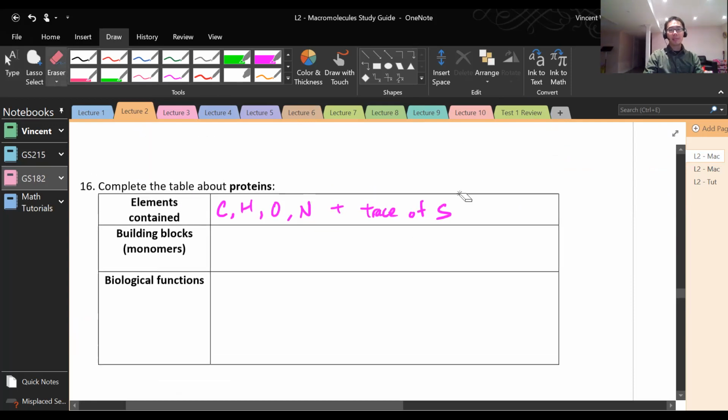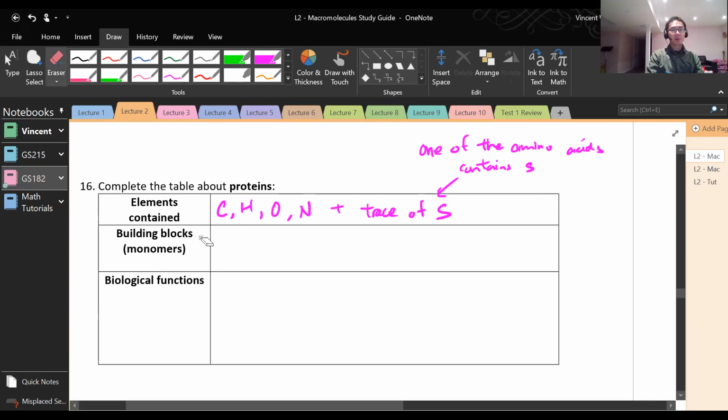Only one of the amino acids contains sulfur: cysteine, C-Y-S-T-E-I-N-E. That's the amino acid that has the sulfur. You don't have to know that, you just know that one of them is like that.